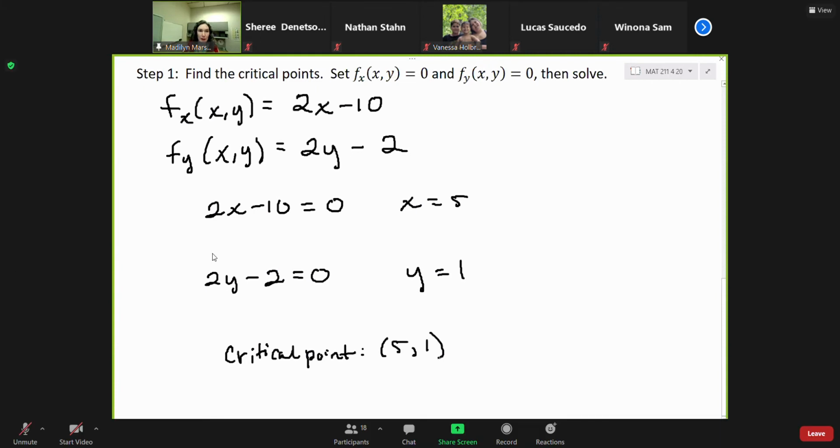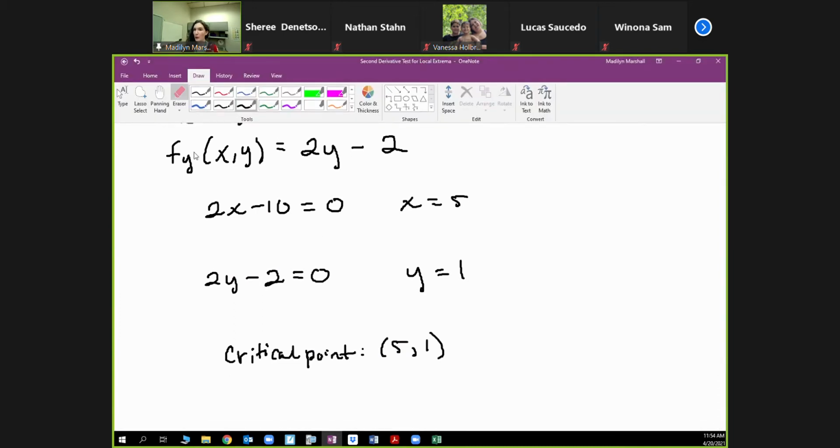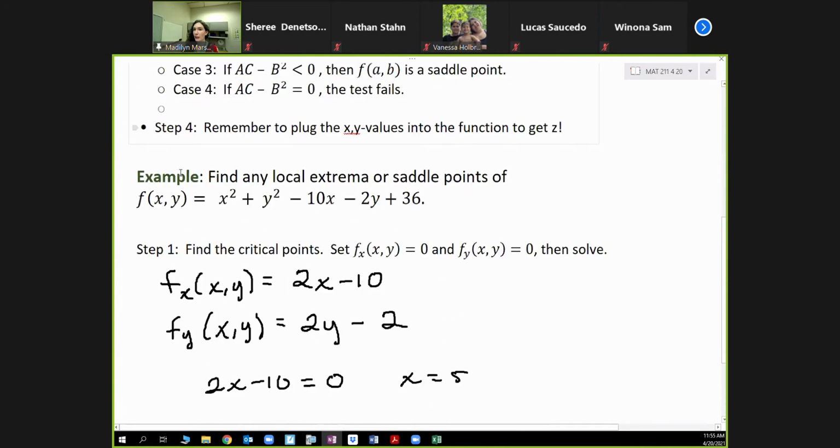Our critical point is (5, 1). So we know something's going on there, but we don't know what yet. So the next few steps are how we determine whether it's a maximum, a minimum, or a saddle point. So I am going to grab step 2 and copy and paste so we can look at that.